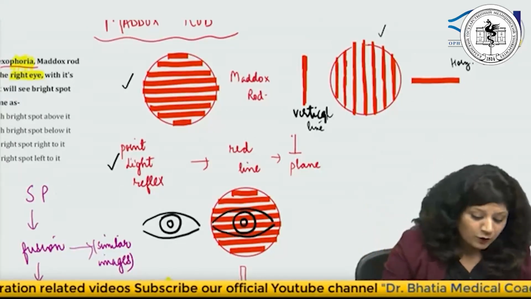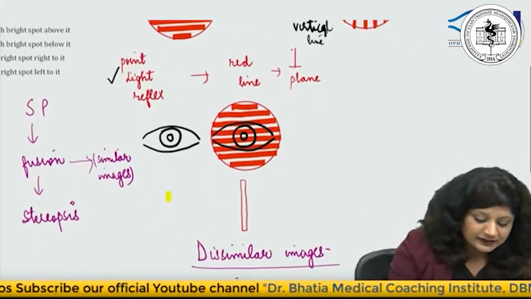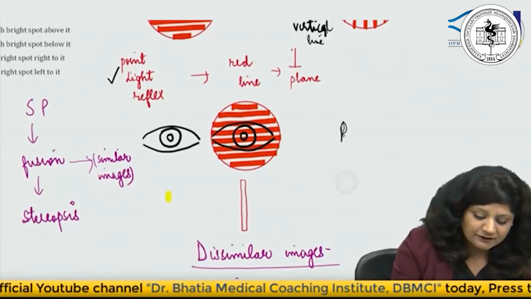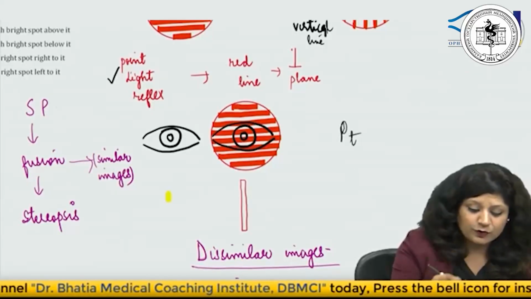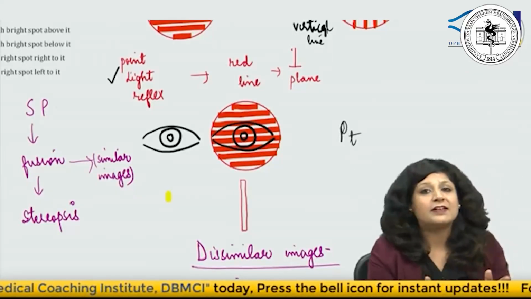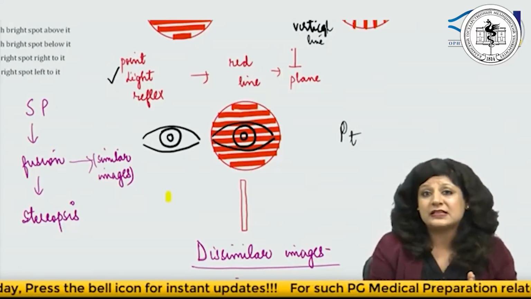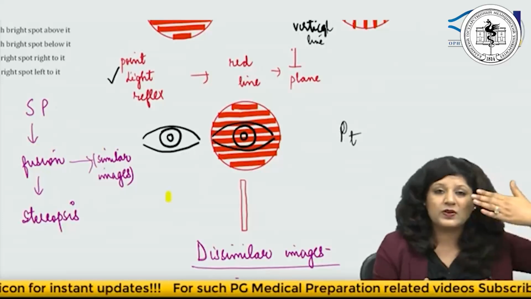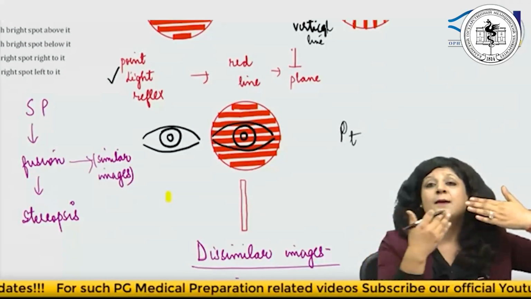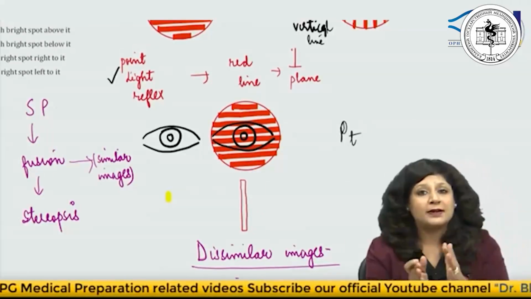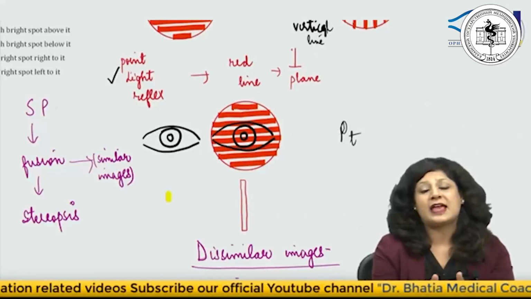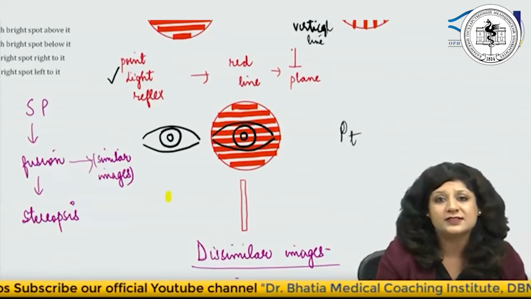Okay. Now suppose I am suspecting that a patient has exophoria or esophoria, that he is having a squint. Because we are suspecting a horizontal squint, we keep it horizontally. You have to always keep the Maddox rod parallel to the axis of deviation, the axis of the squint.